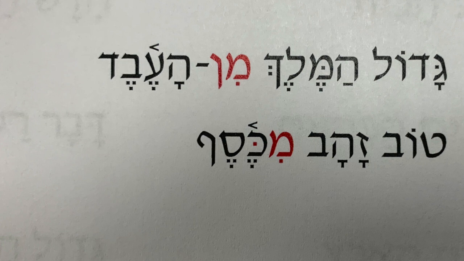You've got Gadol HaMelech min ha-eved. Great is the king than the servant. That shows you that, okay, this is a comparative thing. And so to translate that smoothly in English, I would say, greater is the king than the servant.